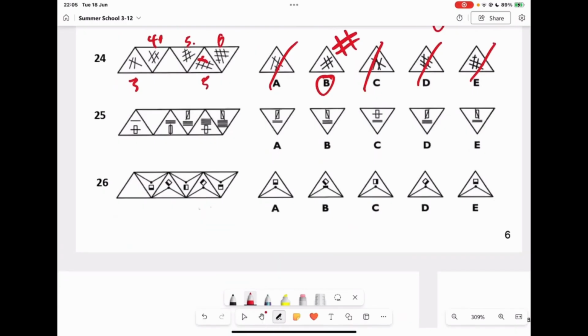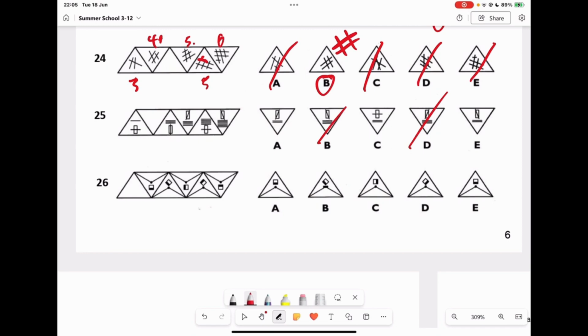Question 25. We can see that there will be a rectangle at the top, which is the case in all of our questions. But then there will also be 2 lines. Because there are 2 lines, it cannot be B or D. And then we're also looking at the orientation, or the direction, of the line going through the rectangle.